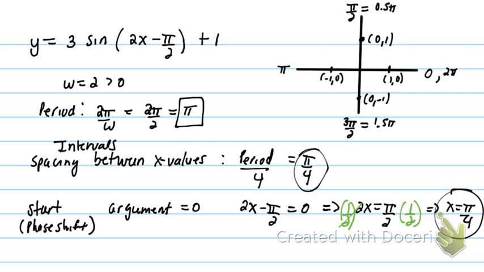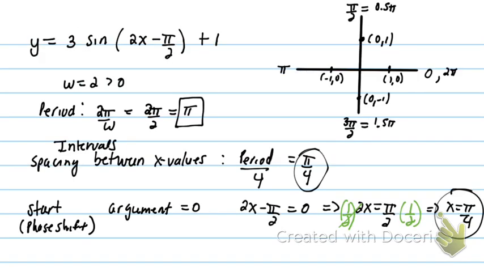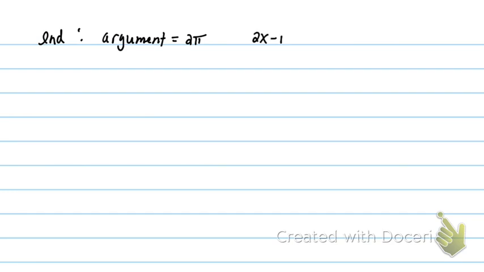We'll go ahead just because we can, but you don't have to do this on the test. We'll get the end value. I'm going to prompt you for a lot of this stuff on the test and say find this, find that, to kind of help walk you through it, but I try not to make it too much. All right, so to get the ending value, again, you're going to take your argument, and we know normally sine runs from 0 to what? 2 pi. So we're going to take our 2x minus pi over 2.